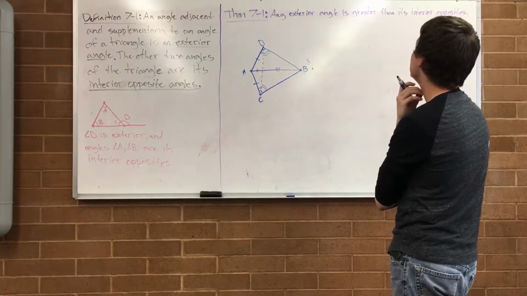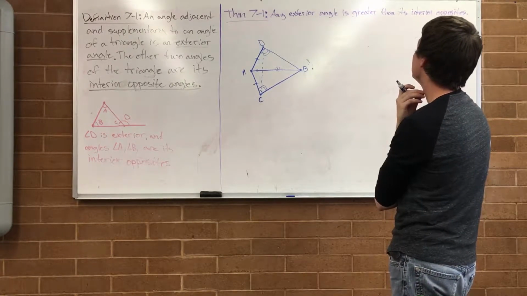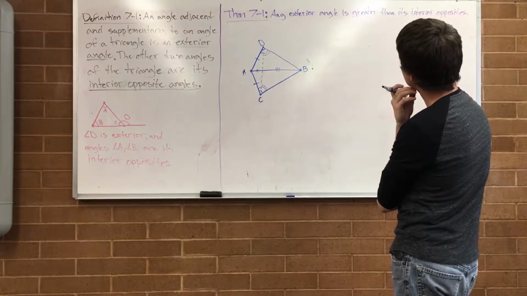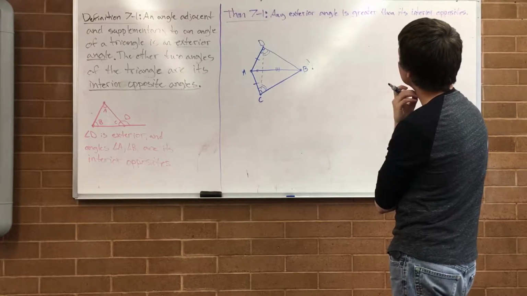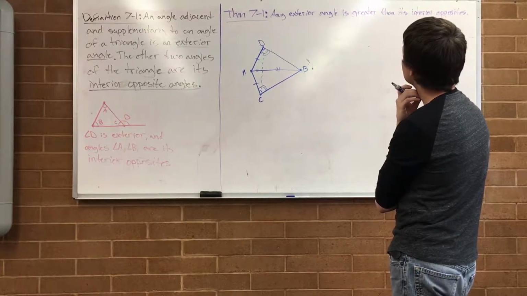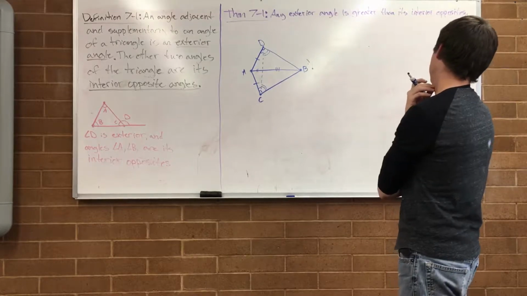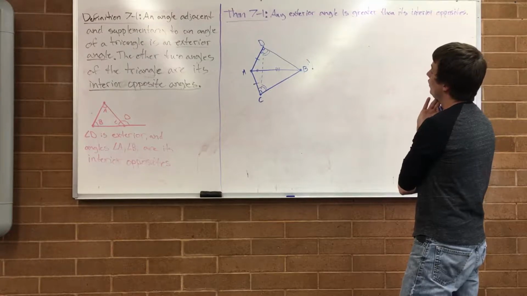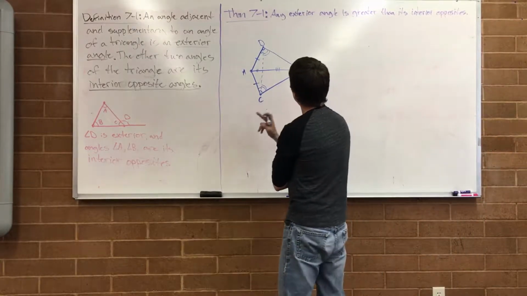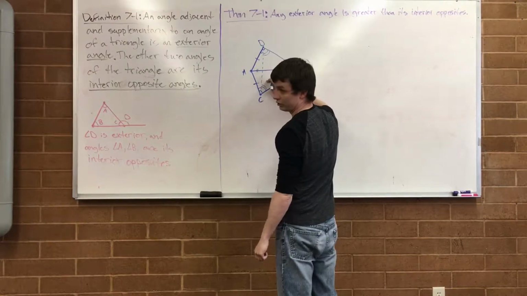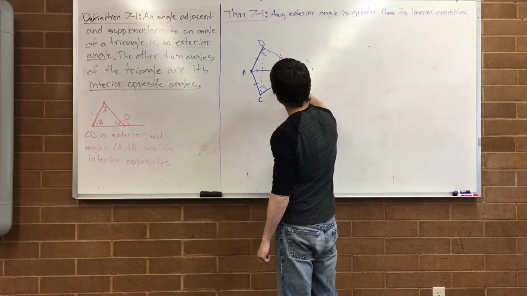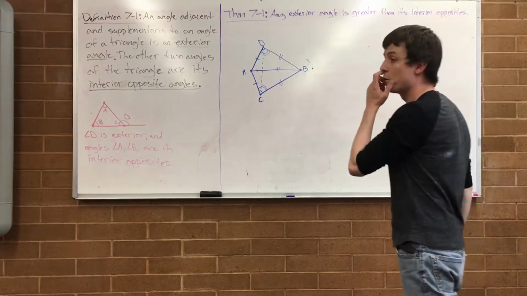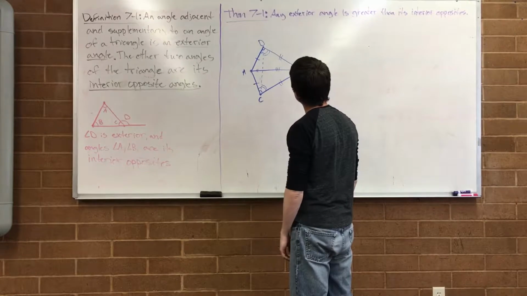Trying to prove that ABC is congruent to ADB. Well, since we know that these angles are congruent to each other, we know that these sides are congruent to each other, and now we're done.